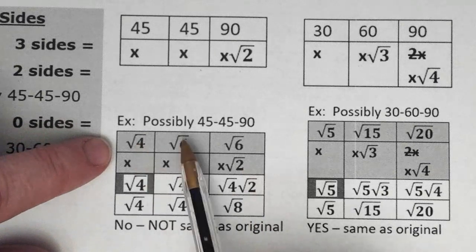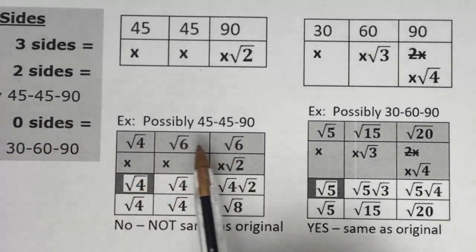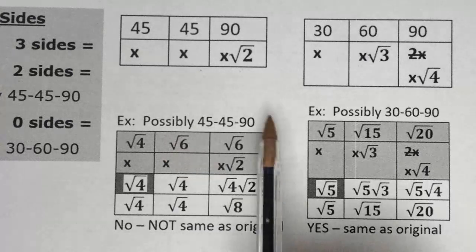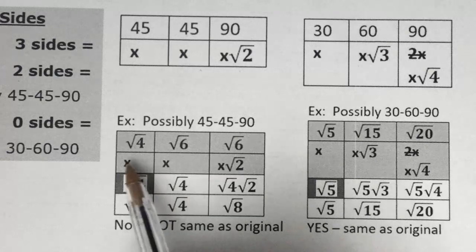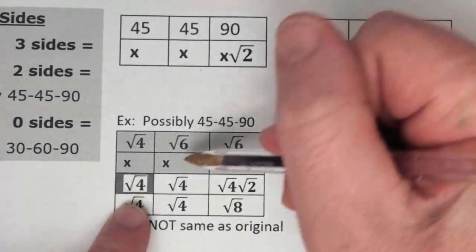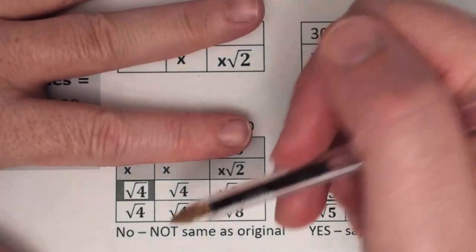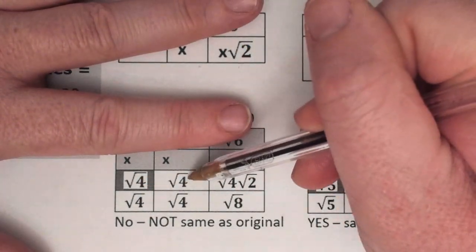So if it's a 45, 45, 90, let's say I had these sides. So if I had square root of 4, square root of 6, square root of 6. See how we had 2 equal sides? There was a possibility that it was a 45, 45, 90 because we had 2 equal sides. So we want to know, does it match x, x, x radical 2? So the first number, no matter what, has to be radical 4. Let that be x. So going off of that, if this was x, then this would have to be the square root of 4 as well.